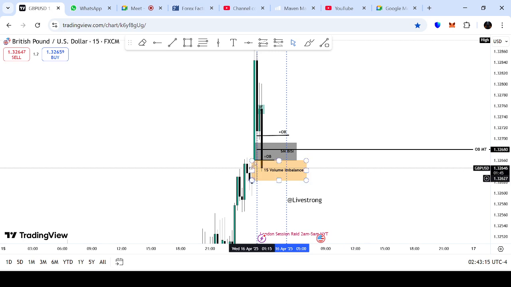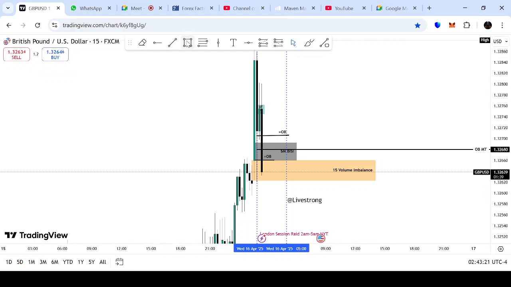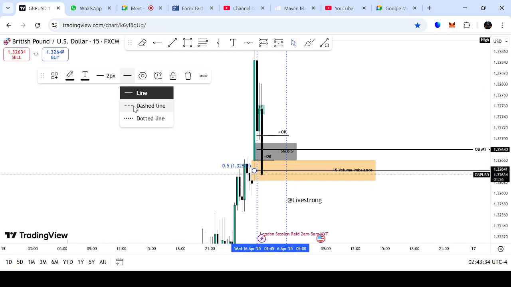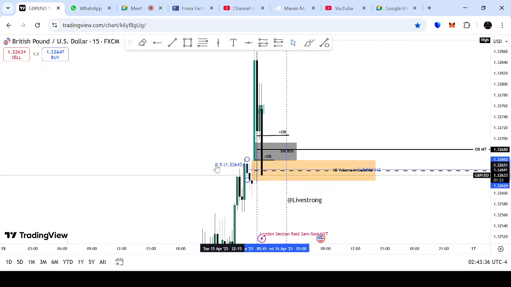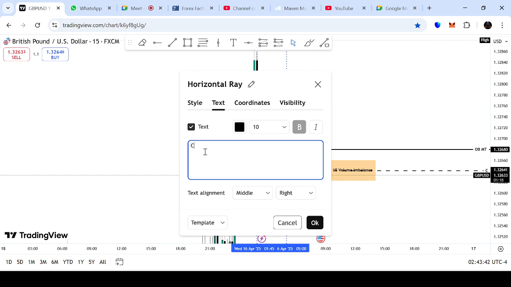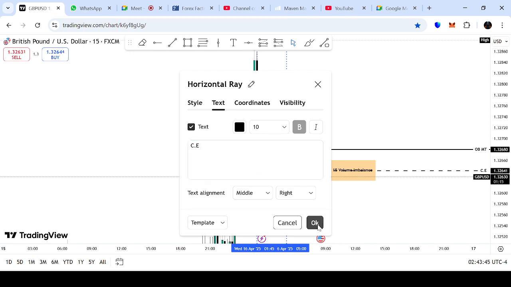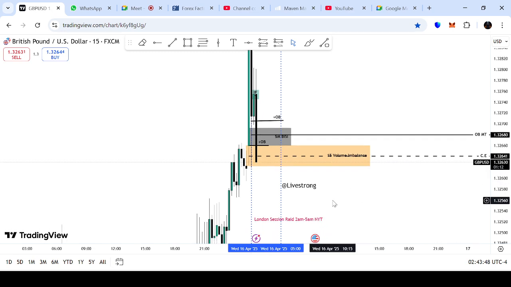That's a volume imbalance. As a consequent encroachment of the volume imbalance. Now, if price trades and closes below it, then we treat it as an inversion.